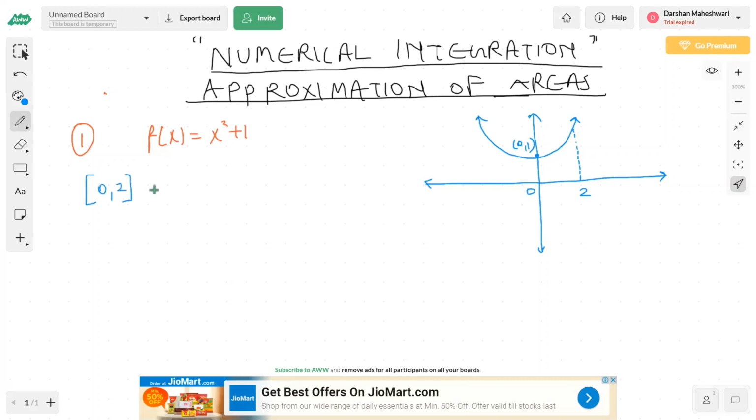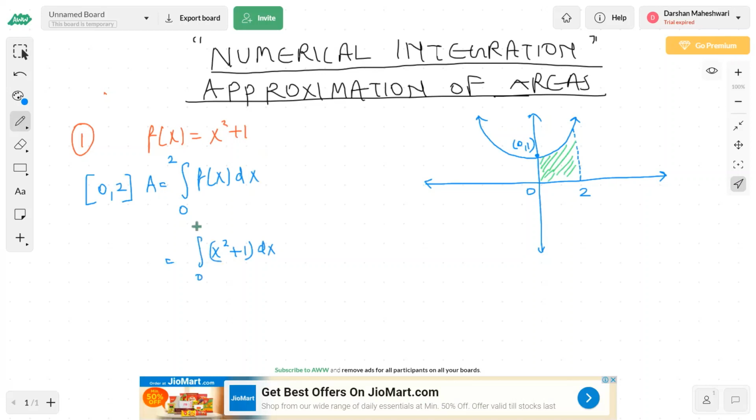So what will we do? We'll integrate f(x) with respect to dx within the limits 0 and 2, which will actually give us the area of the shaded region. This is not an approximation, of course. So the area is exact, and this comes out as we write (x² + 1) dx.